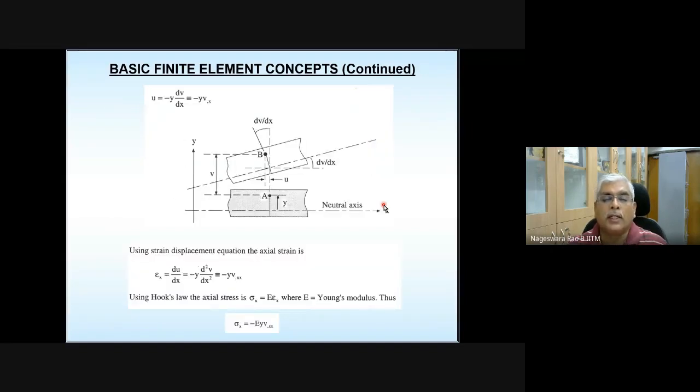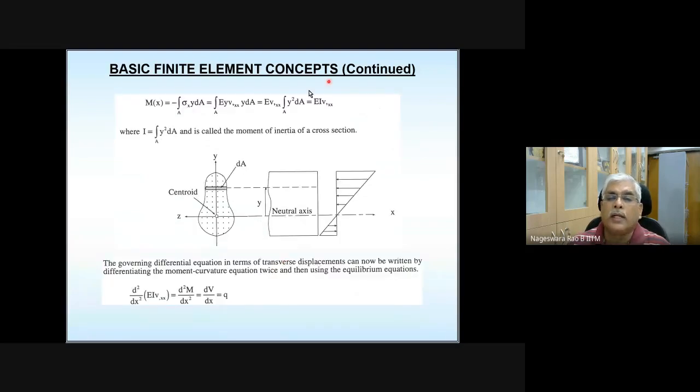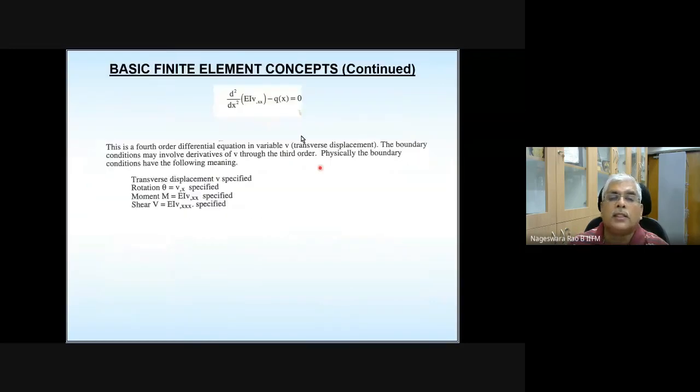And also we noted these relations, and also we noted the moment curvature relation. Based on this moment curvature relation and the relationship between bending moment, shear force and applied external force, this is what you can write, and this is going to be your governing differential equation, connecting moment with the applied load.